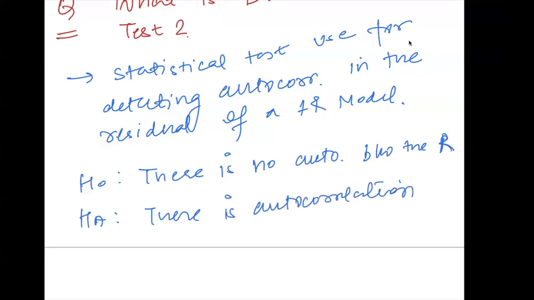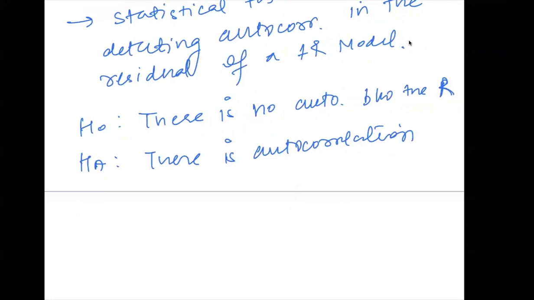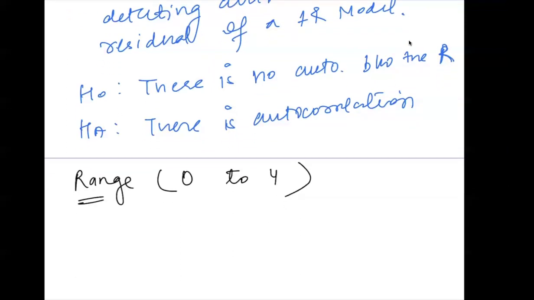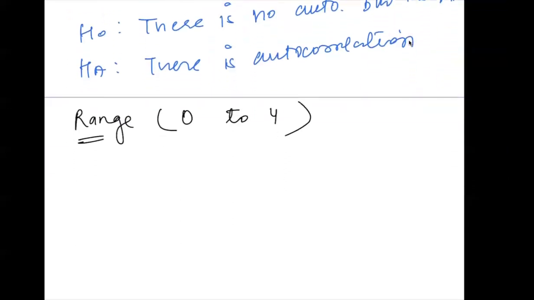When you perform this DW test, it gives you a range between 0 to 4, and it has different implications.